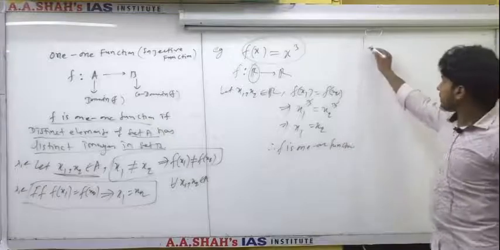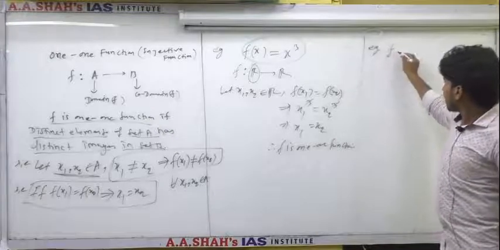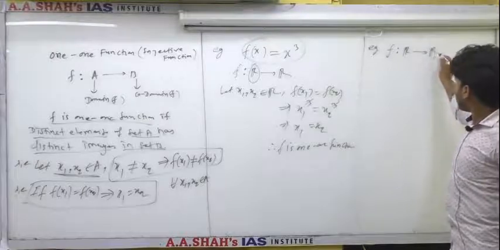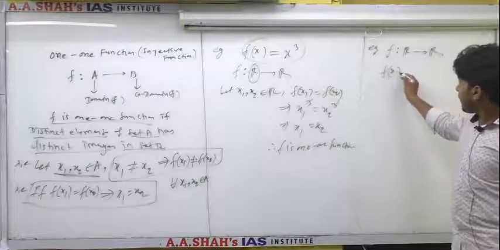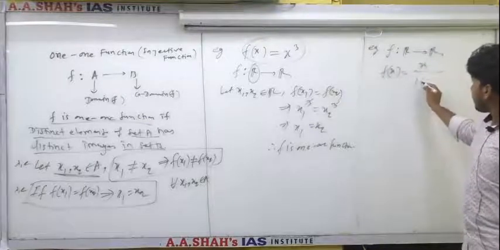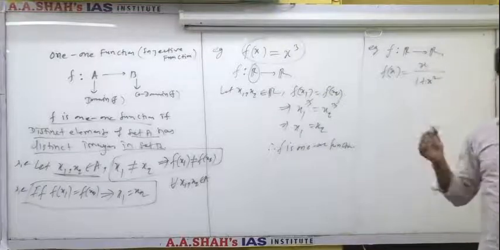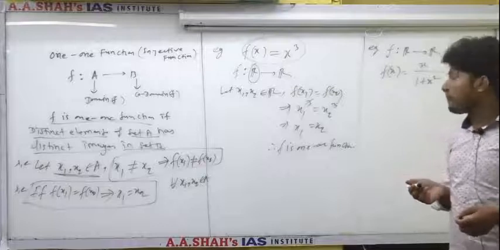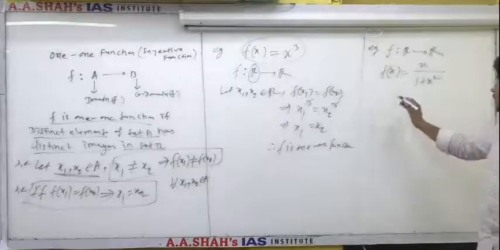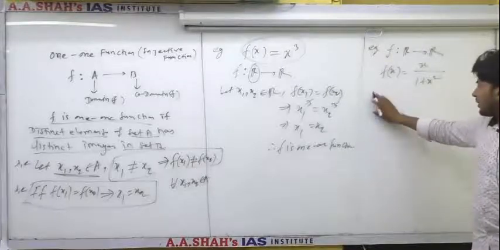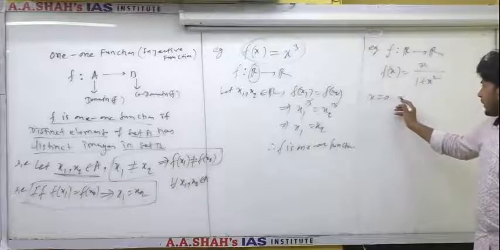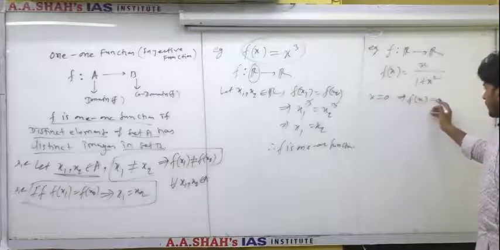We discuss another example. f is a function from R to R and defined by f(x) equal to x upon 1 plus x square. We need to check whether this function is one-one or not. So if x is 0, then f(x) will be 0.